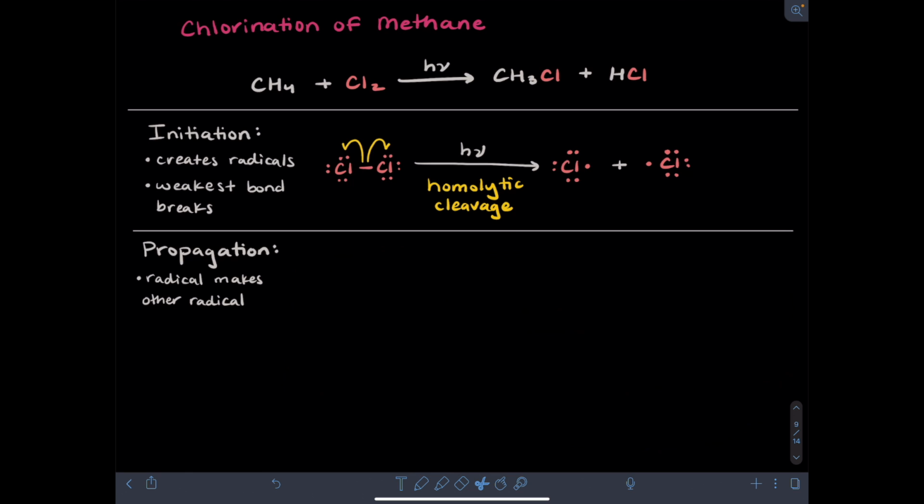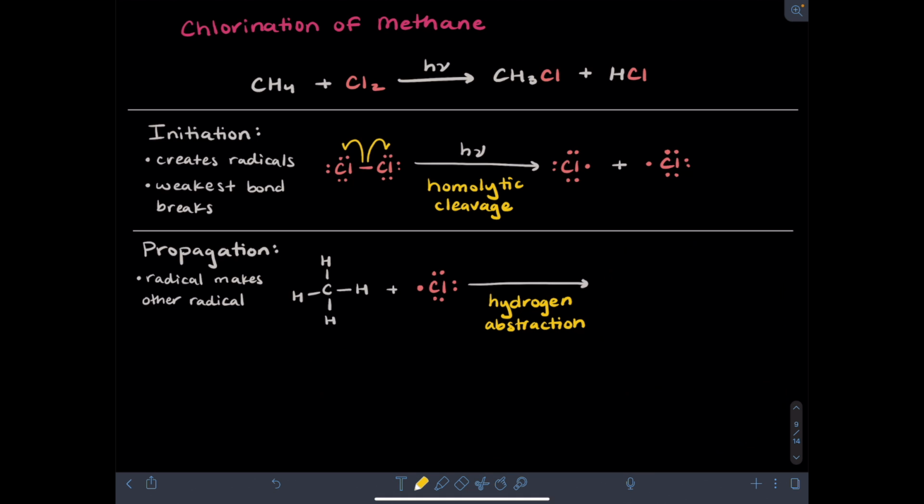In propagation steps, radicals are going to react to create new radicals. So you want to look for a radical on both the left and right sides of your propagation reaction steps. The chlorine radical is very reactive, and it can cause a hydrogen abstraction from the CH bond of methane.